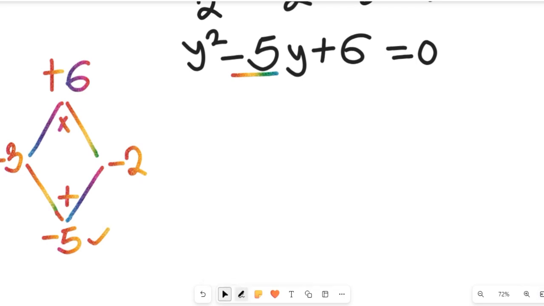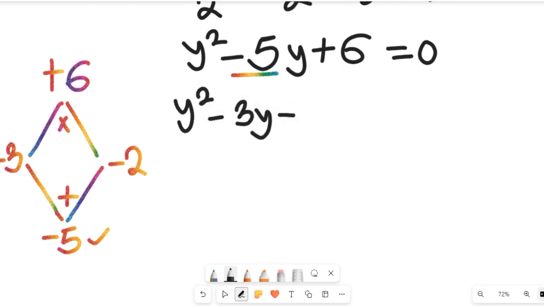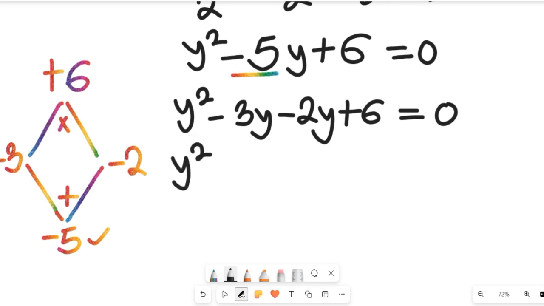Great. So the expression we're going to have over there is y squared minus 3y minus 2y plus 6, and this will be equal to 0. So we'll have our y squared, our y which is common. Let's bring out y. As we simplify further, we'll have y here minus 3, right?